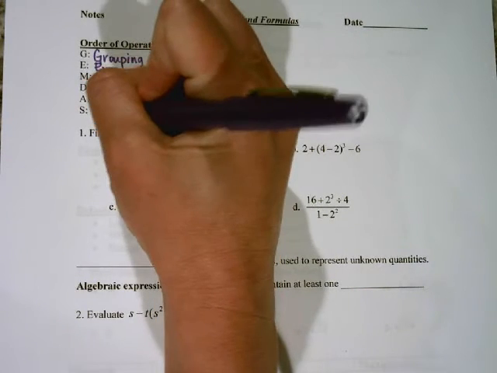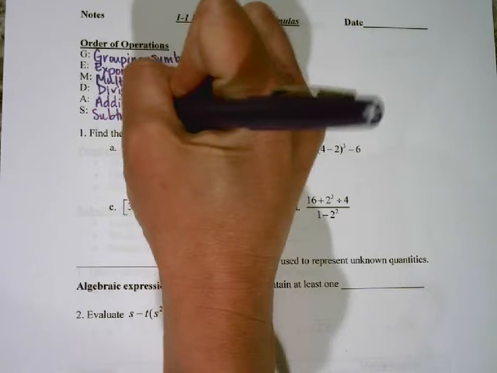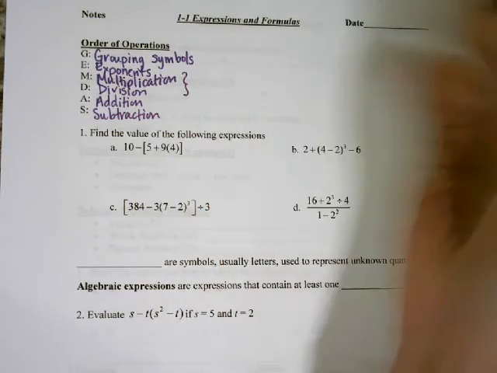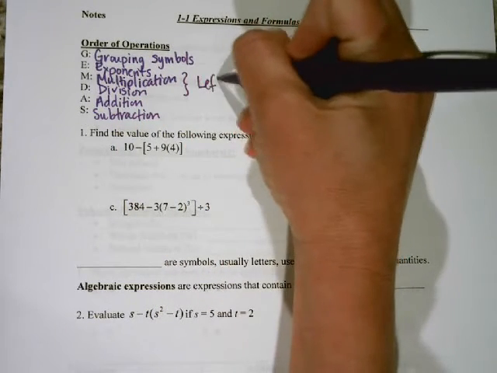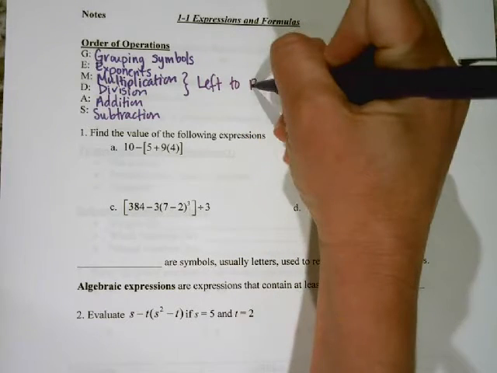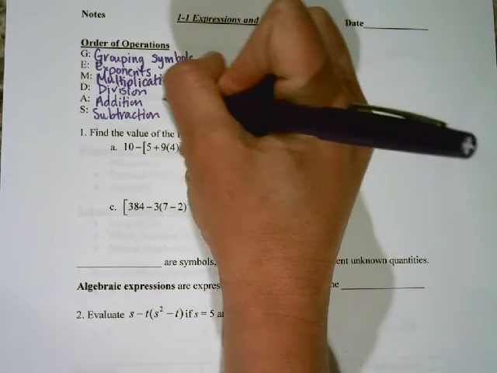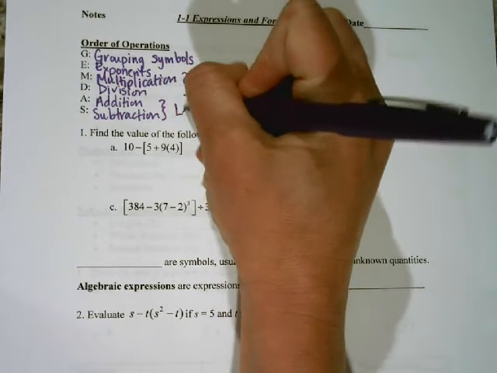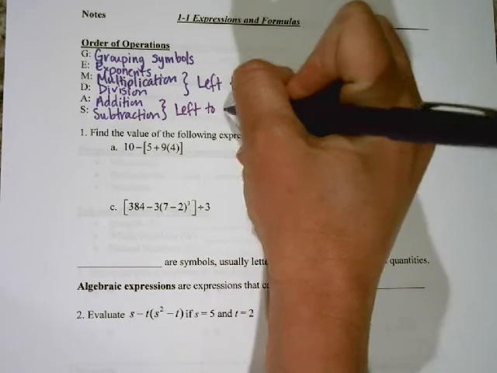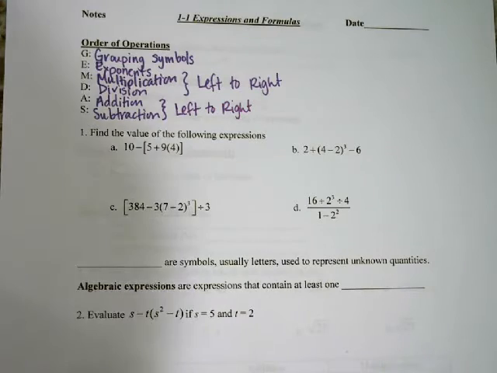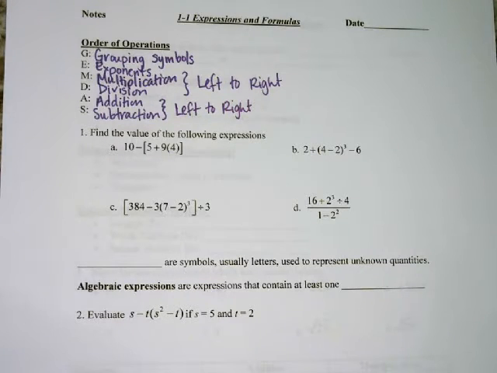And S for subtraction. Now, it's a little misleading because remember that multiplication and division are from left to right. And so are addition and subtraction. So sometimes you might see a division symbol first, sometimes you might see a subtraction symbol first.